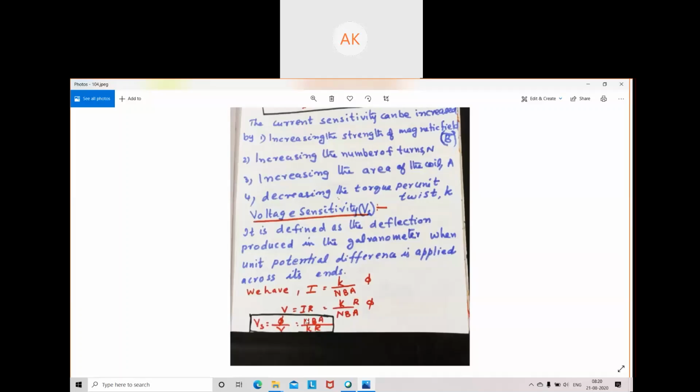So when we increase the number of turns, resistance also increases, and N by R remains constant. If N is doubled, resistance is also doubled, so there is no effect. By increasing the number of turns, voltage sensitivity will not increase, but current sensitivity doubles. That is also an important point. By increasing the number of turns, voltage sensitivity may not change, but current sensitivity will be doubled if N is doubled.